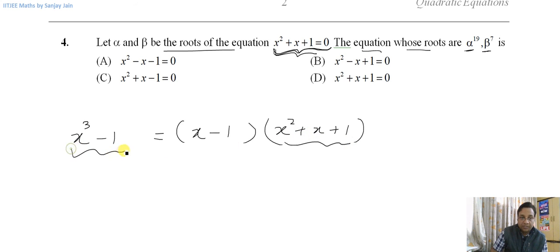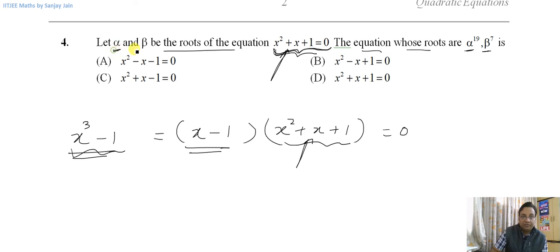So whenever you see this kind of expression, x square plus x plus 1, you can multiply it with x minus 1 and put it equal to x cube minus 1. Now if x square plus x plus 1 is equal to 0, this entire expression will be equal to 0. Whatever I am doing is very much possible.